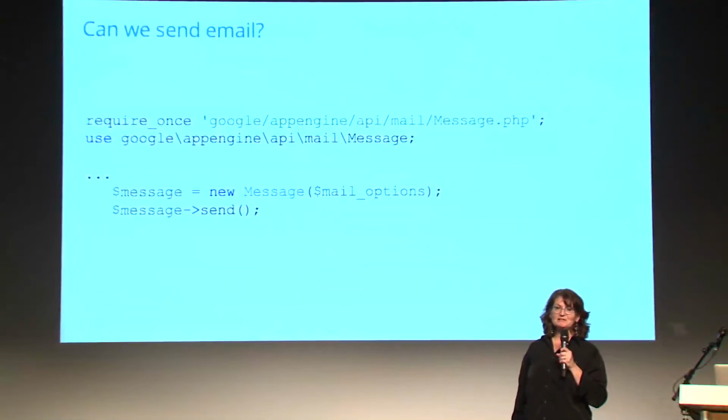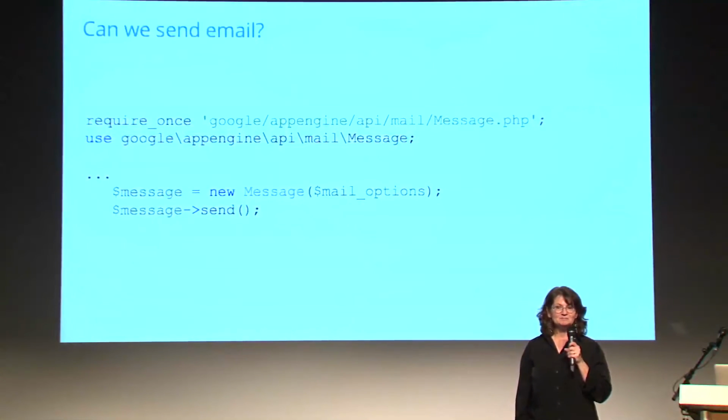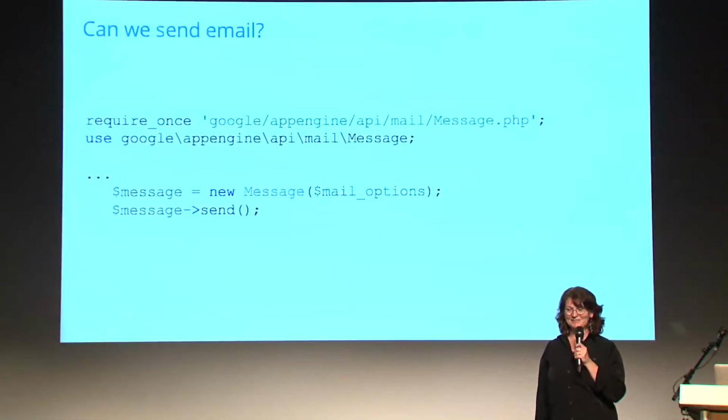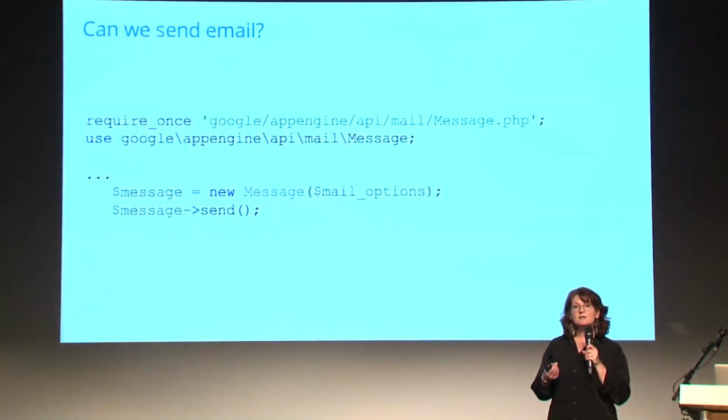But let's do something a little more interesting here that takes advantage of what's actually one of my favorite App Engine features. And as Mandy alluded to earlier, I could talk all day on this, but I won't. And that is task queues. Say we want to send a whole bunch of emails at once.